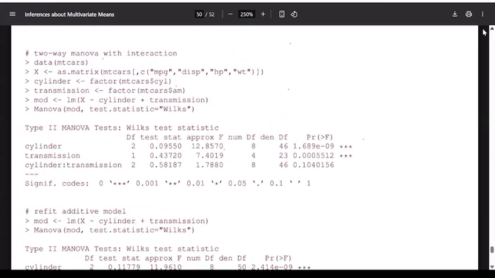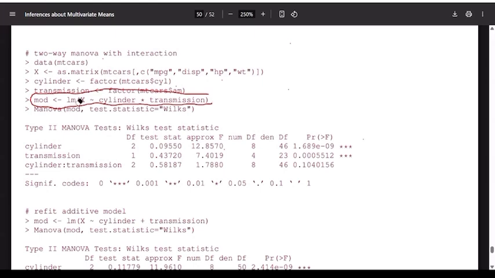The difference is that here you're multiplying. When you're multiplying the two categorical factors, you are telling R to include interaction. If you are adding the categorical factors, you are telling R you don't need interaction. Does that make sense? Okay.